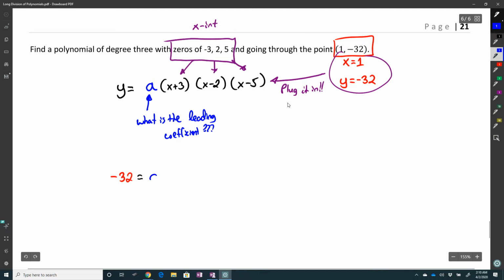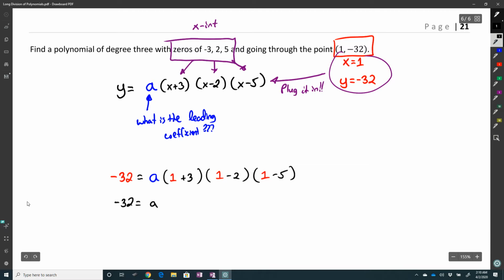I still don't know what a is. And then here, I know this is plus 3, minus 2, minus 5. This is going to be 1, 1, 1. So x is 1. There's 3 of them. Y is negative 32. And I can work it out, and now I can solve for a.